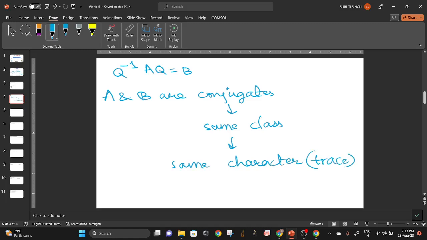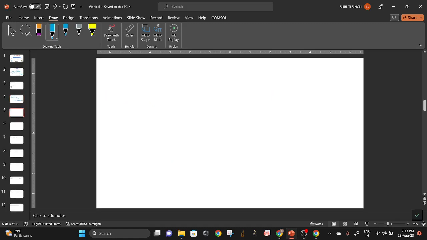Okay, so let's write trace of B is equal to the sum of diagonal elements, which is B_ii, summation over i.